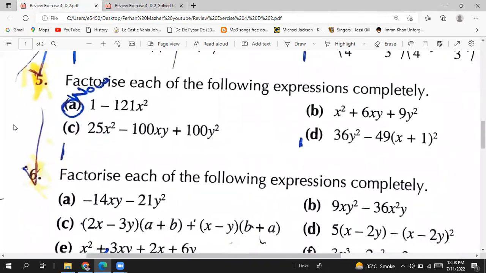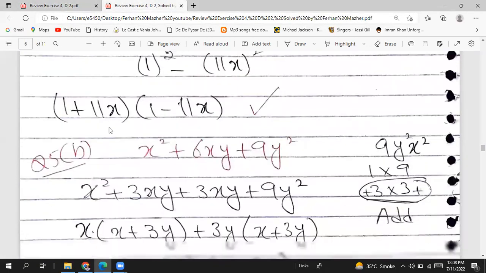So the next question coming up on your screen is question number 5. He says factorize each of the following expressions completely. 1 minus 121x square. You know, 1 is the square of 1, so 1 can be written as 1 square, and 121 is 11 square. Okay, so we can use the formula.